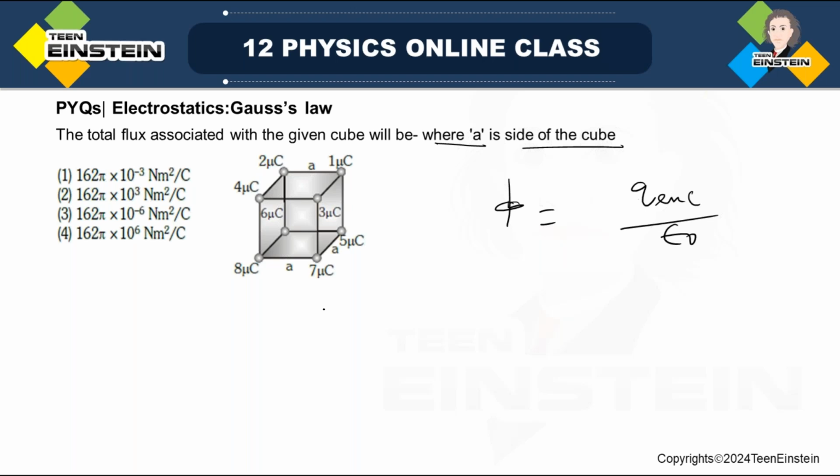So look, I can write 1 over 8 into whole charge, because each charge will be shared by 8 equal cubes. So each cube will have 1/8 of the individual charges as the share for a single cube. So for this cube, how much is the total effective charge?